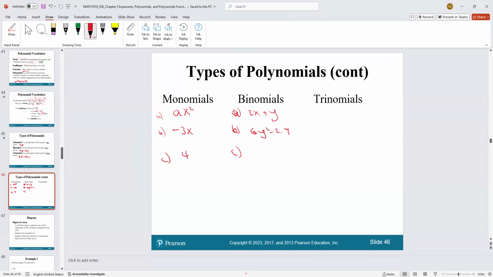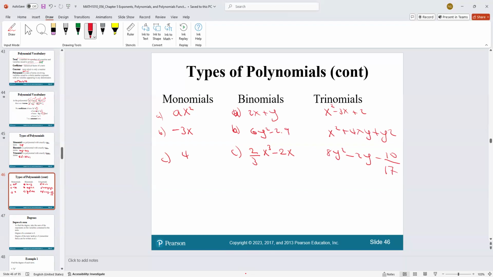It can even be a fraction, like 2/3 of x cubed minus 2x, exactly two terms. For trinomials, it's three terms: x squared minus 3x plus 2, or x squared plus 4xy plus y squared. We can have maybe 8y squared minus 2y minus 10 over 17. Those are just a few examples.